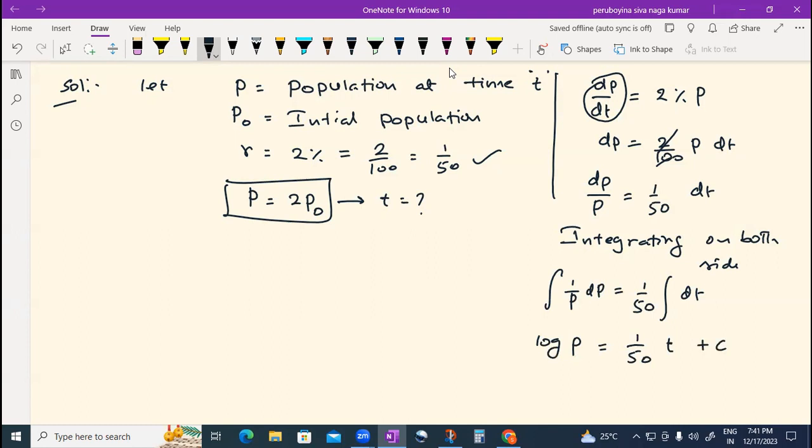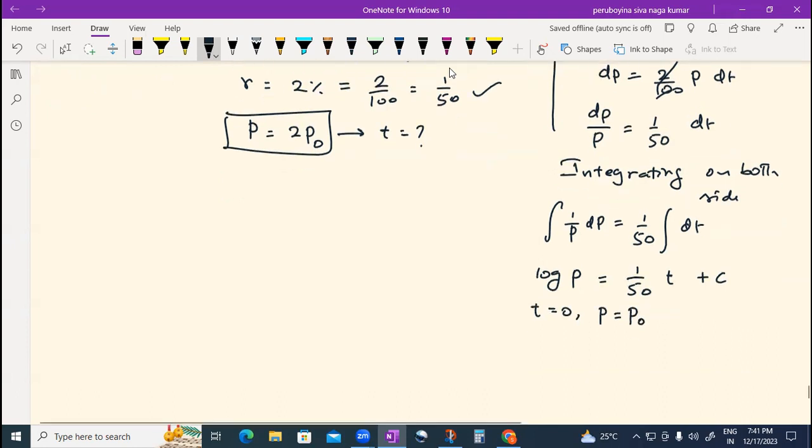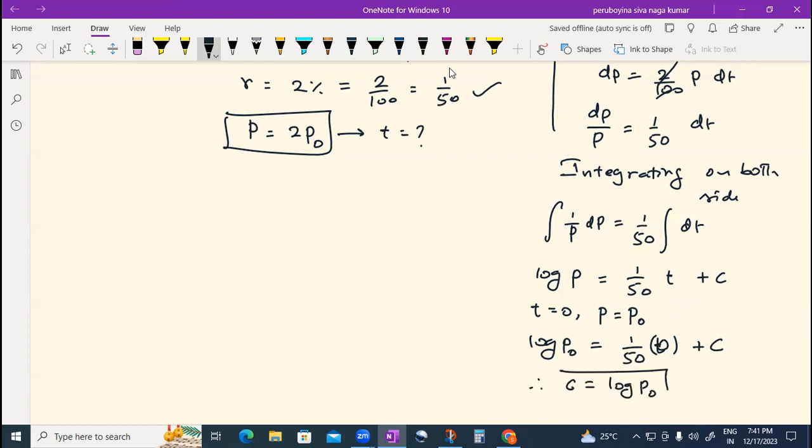Now we will use the initial conditions. At t equal to 0, P at the initial stage will be P naught. Substituting here in this equation, log P naught is equal to 1 by 50 into 0 plus C, since at the initial time the T value is 0. Therefore the C value is log P naught.